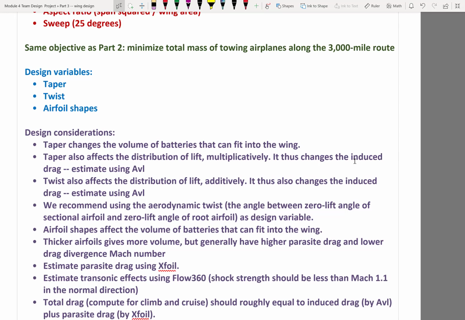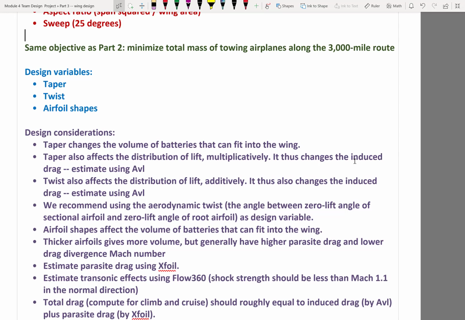So when you change the angle of attack of the whole airplane, the change in twist actually modifies the distribution of lift in a different way compared to the taper. So these are two independent design variables when you start to consider that I have to fly at two conditions, one cruise, one climb. All right, so these are important when you're considering multiple flight conditions.